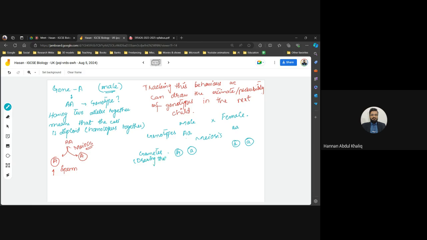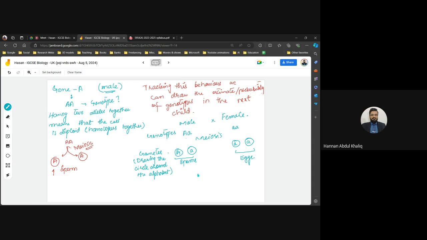Now, after meiosis, these are sperms, and these are eggs. Obviously, if the male and female are crossing, then the sperm and egg are supposed to be fertilizing. They are supposed to be fusing.